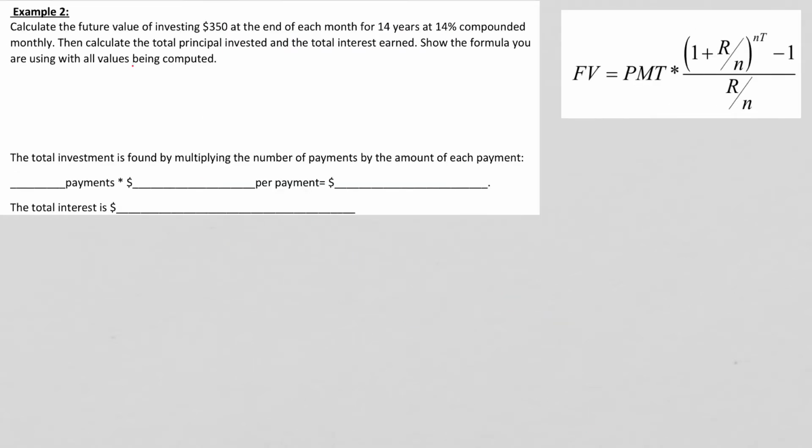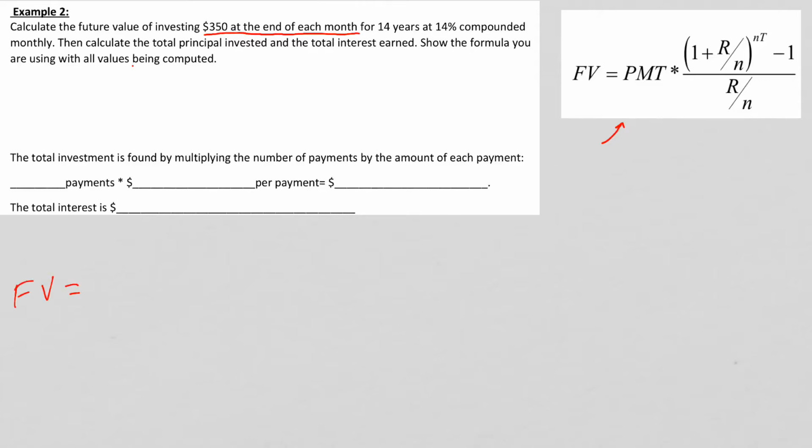Okay, again, in example 2, they're telling us it's an ordinary annuity, so we know to use this formula. But even if they didn't tell us explicitly, we have to know that because the payments are being put into the account at the end of each month. All right, so the first thing we're going to do is calculate the future value.